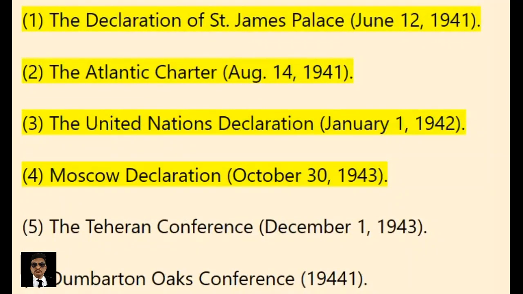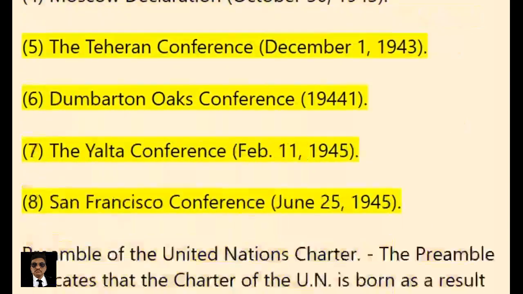1. The Declaration of St. James Palace, 12th June 1941. 2. The Atlantic Charter, 14th August 1941. 3. The United Nations Declaration, 1st January 1942. 4. Moscow Declaration, 30th October 1943. 5.